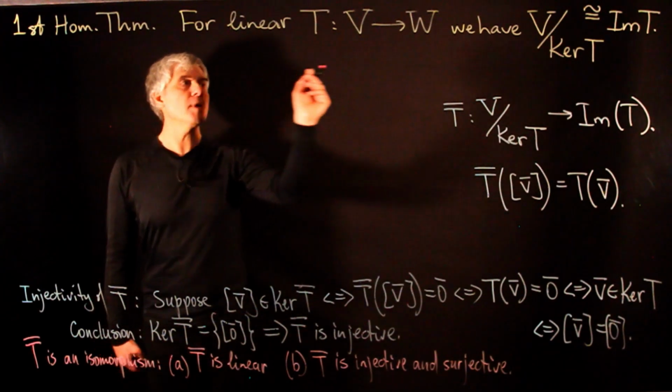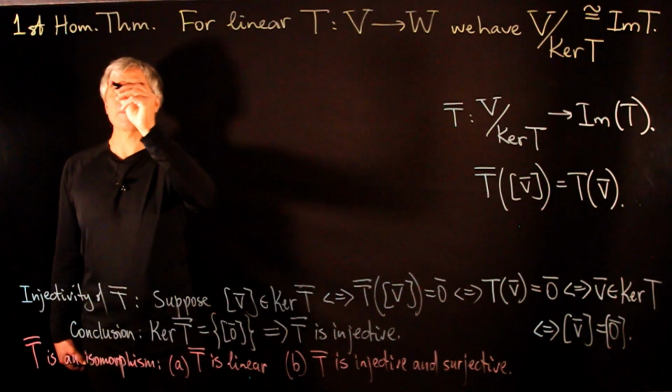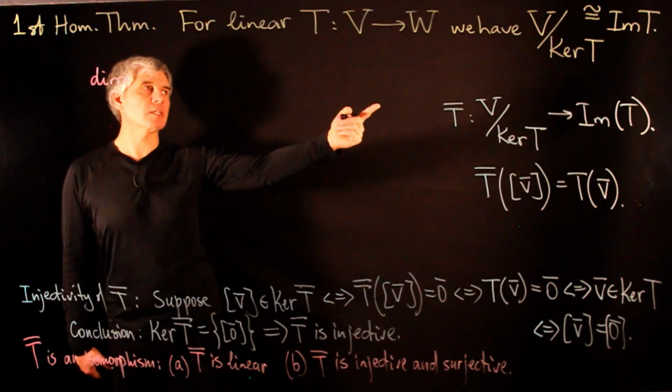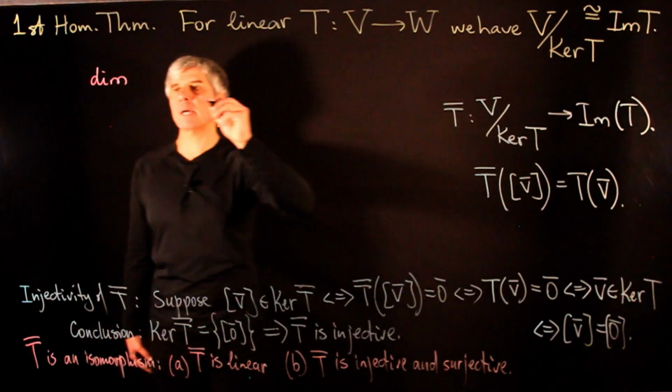So if we look at the dimension of the left-hand side and the right-hand side, then we get the equality that the dimension of the quotient space is the dimension of the space minus the dimension of the subspace.